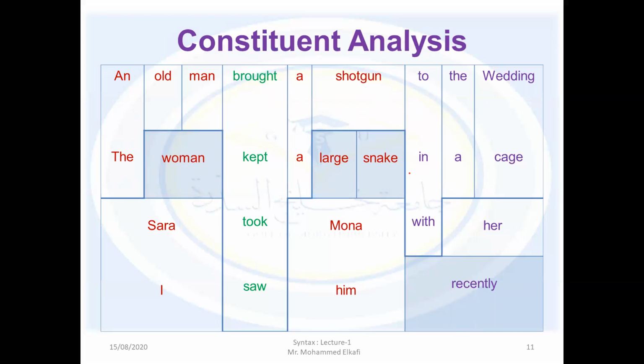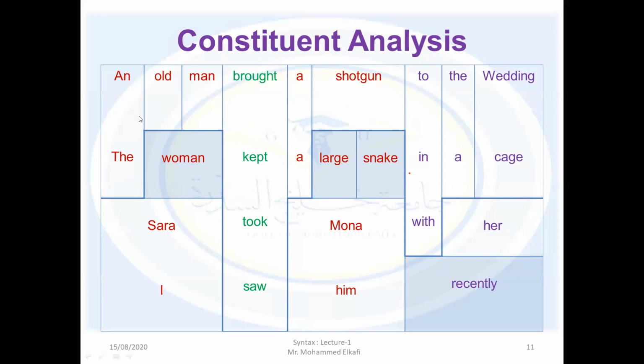For example, here when we say noun phrases, you will find them colored in red. So the first group, which is colored in red, we can call it what? A noun phrase.